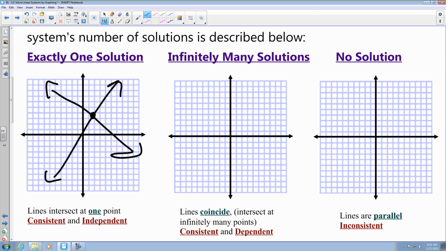If they have infinitely many, it's basically going to show up as one line because both lines overlap one another. And those will be classified as consistent and dependent. If I have no solution, that means that my lines are parallel, which means they will not intersect. So this is classified as an inconsistent system.